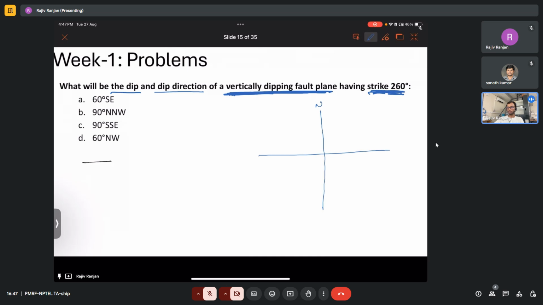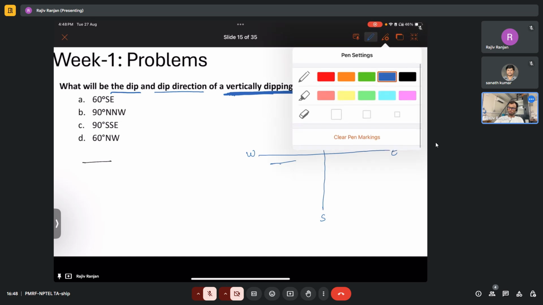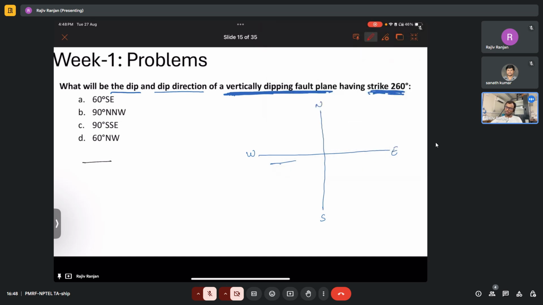Let's again do this. Your strike is given, it's something very close, like this, 260 degree. And it is dipping vertically.